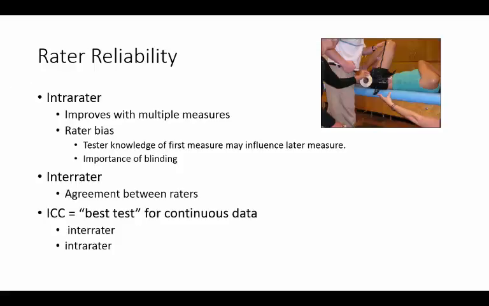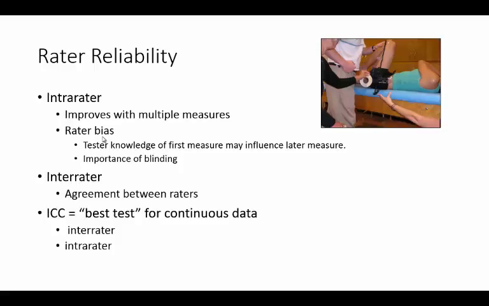Things that can happen with intra-tester reliability: the person can improve with multiple measures because of training. The rater himself could be biased. If the rater measures something, he knows how much he got the first time, and then he measures the same person again, that might bias his measurement.